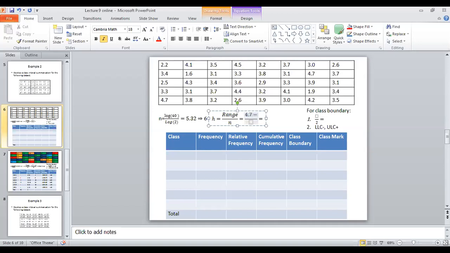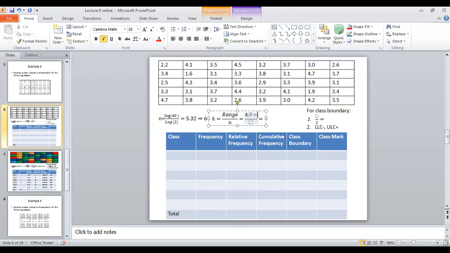And next we have to find the minimum value. So we start with 2.2, which is in the first column. Then in the second column we have 1.6. So 2.2 will be discarded and 1.6 will be taken as the new smallest value. And as we see, no other value in any other column seems to be lower than 1.6, right? We have 1.9, which is close to 1.6, but definitely not lesser than it.